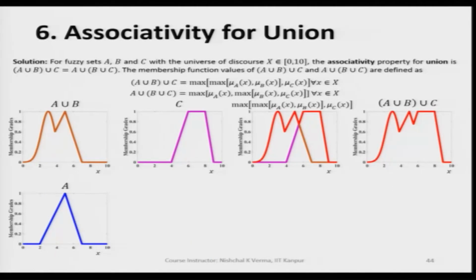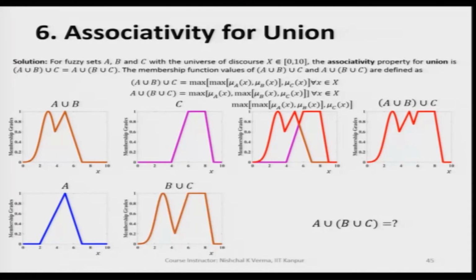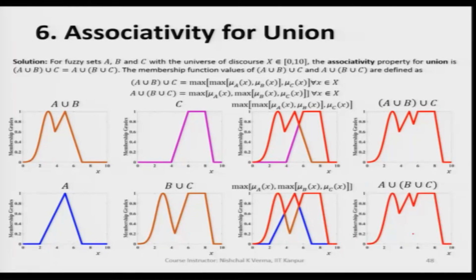And if we take A union of B union C, we are going to get here this as the outcome by applying the same max criteria.